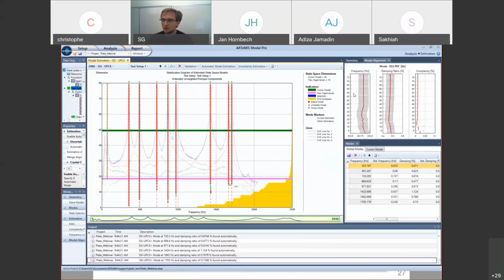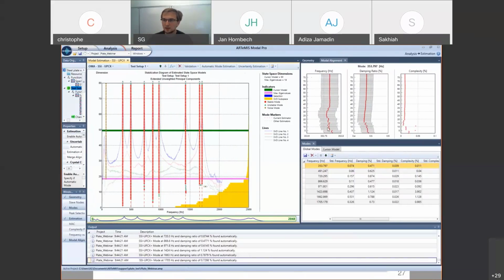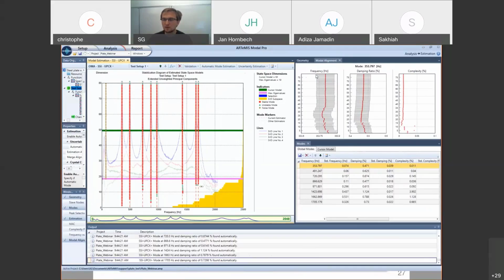And when we inspect the modal alignments more closely, we can see now that we have the confidence interval for each model parameter estimate. But we don't have one for complexity, and that is because we need to enable the estimation of the covariance of the mode shapes, which is done here.